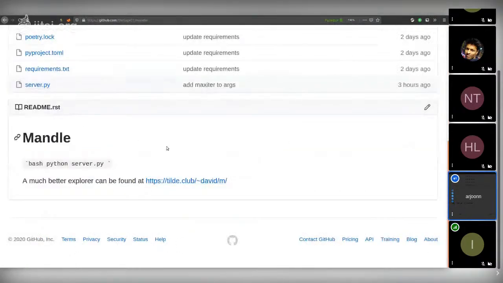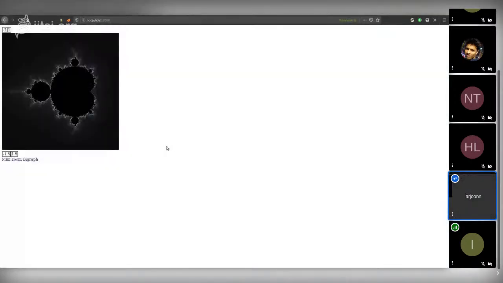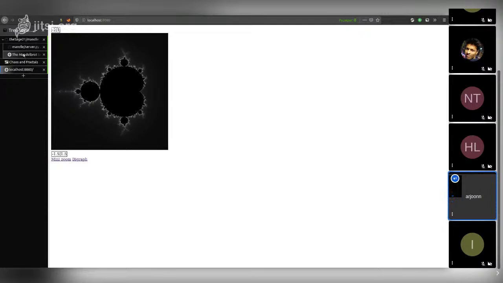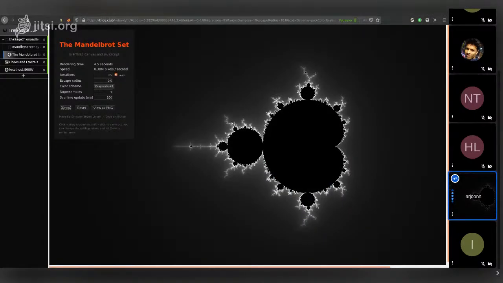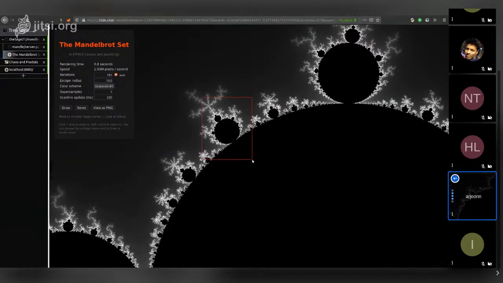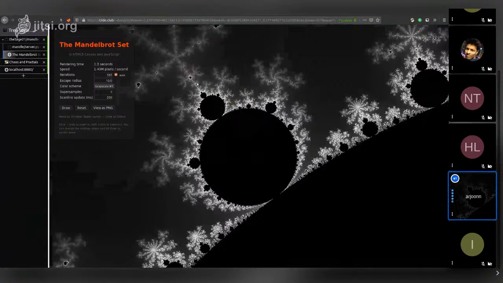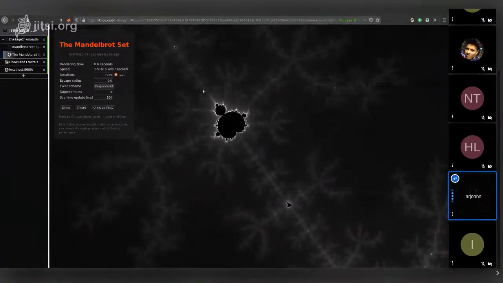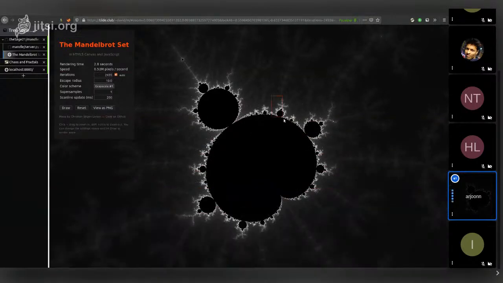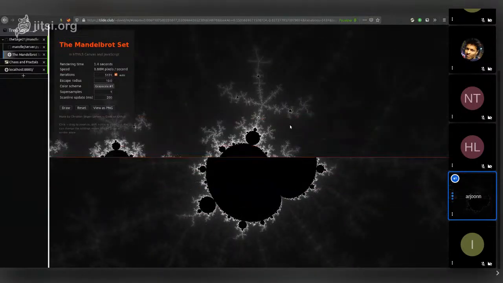This one has a much better view of the Mandelbrot set, and you can explore it a lot better. You can just draw this boxish kind of thing, and it will redraw on your browser. And then you start seeing this little island, and then you rediscover the Mandelbrot set again, and then you go further in, and so on.